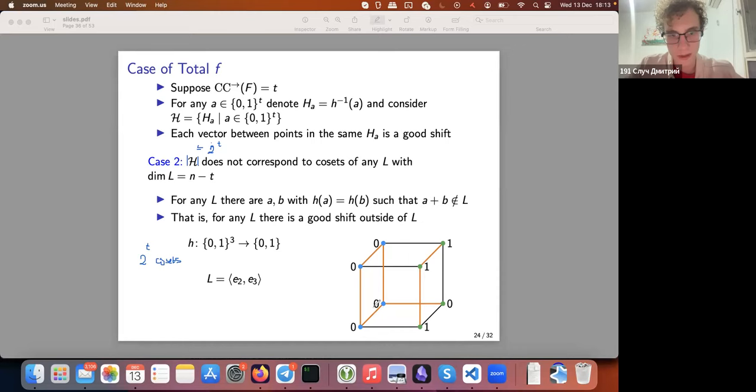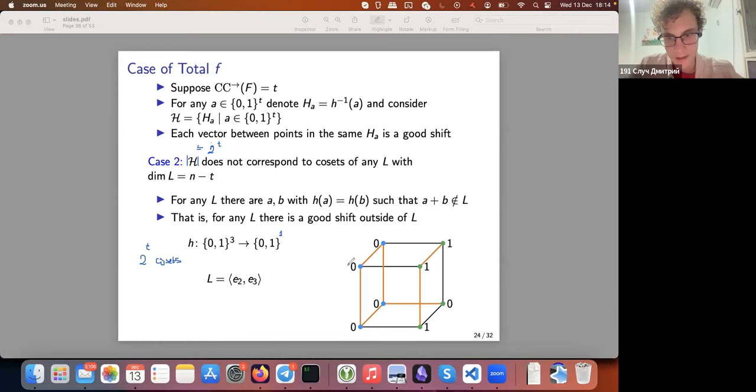For example, here h takes either value 0 or 1, so t is equal to 1, and the graph is the following. Here are zeros, here are ones, and good shifts are all the orange edges.